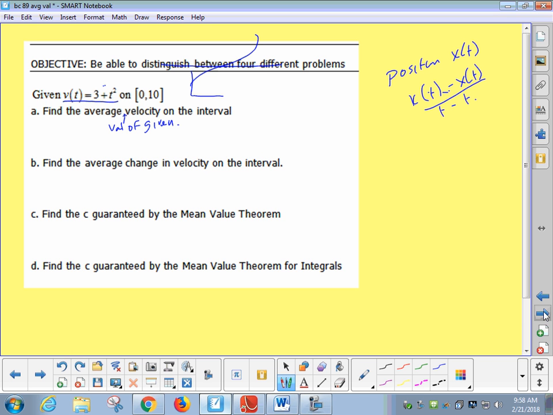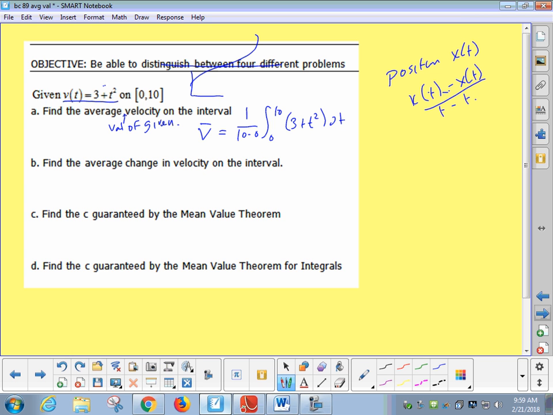So it's an average value problem, and you set it up something like this. Some books will call this V bar for average. That's pretty common in math notation. 1 over 10 minus 0, integral from 0 to 10 of 3 plus t squared. And you go about your way.